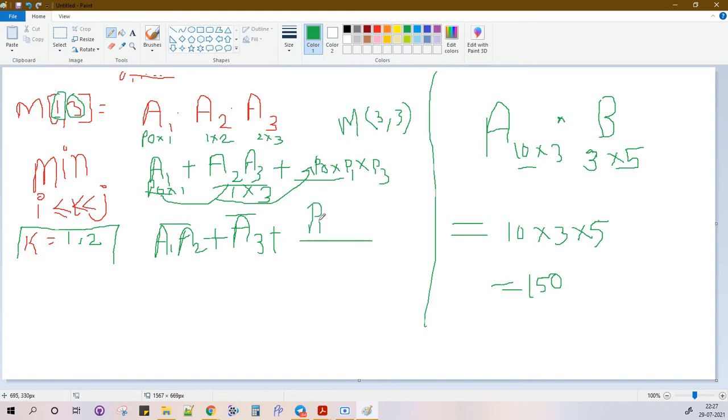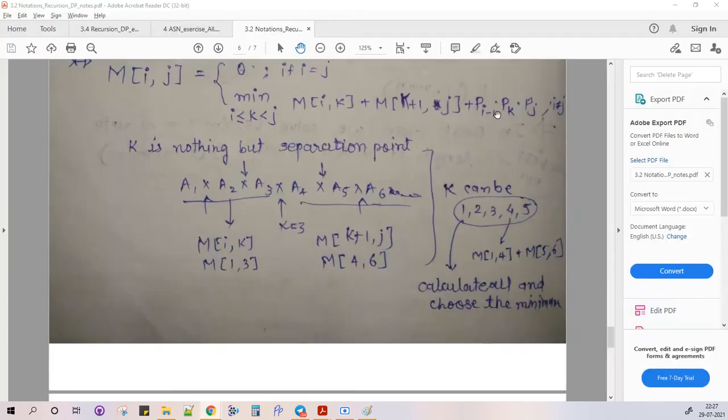So p of i minus 1 multiplied by pk, and this is simple, 3 here, it also would be 3, so pj. I guess I have written it correctly, yes, p of i minus 1 multiplied by pk multiplied by pj, right?